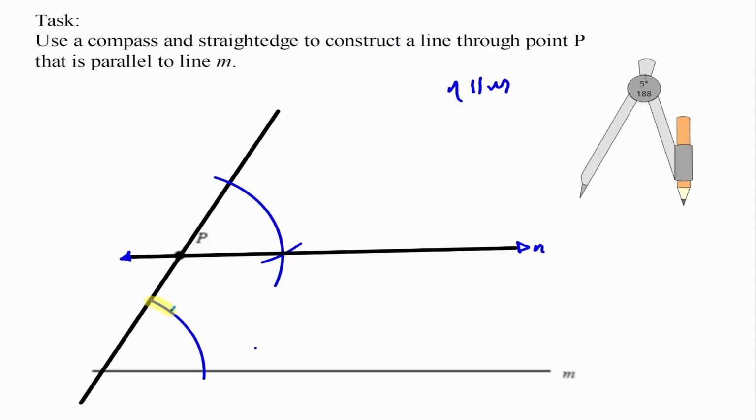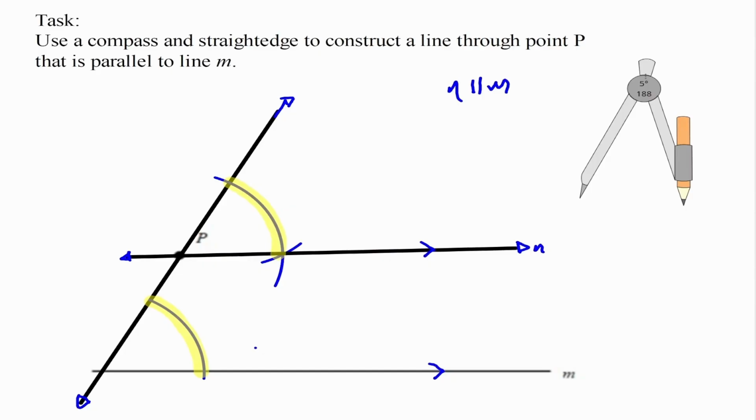Because all we did was copy this angle to this angle. If these two lines are parallel, we can think of this line as being my transversal. Therefore, notice that we have two corresponding angles which are congruent, therefore my lines are parallel. So that's the idea behind it.